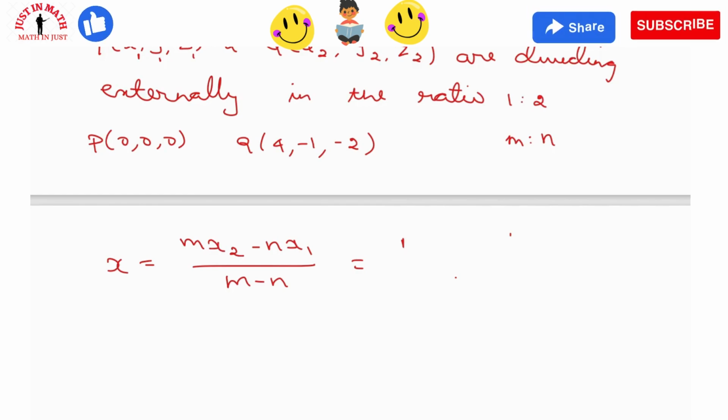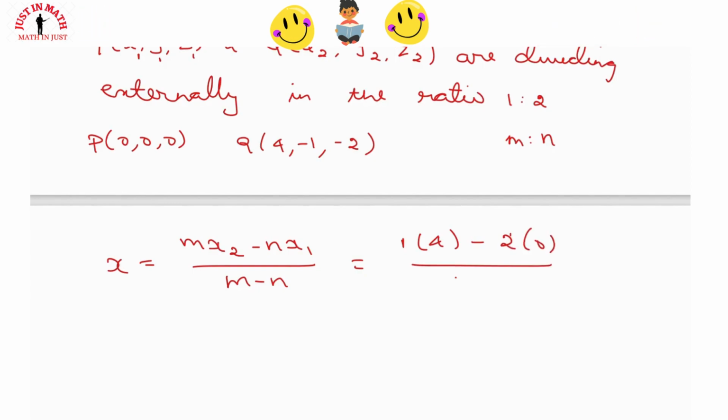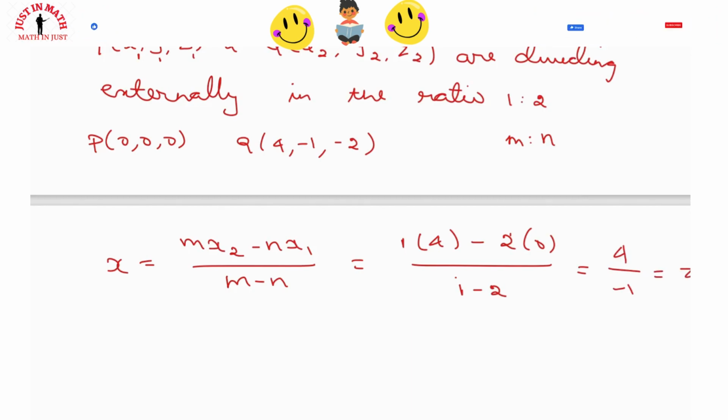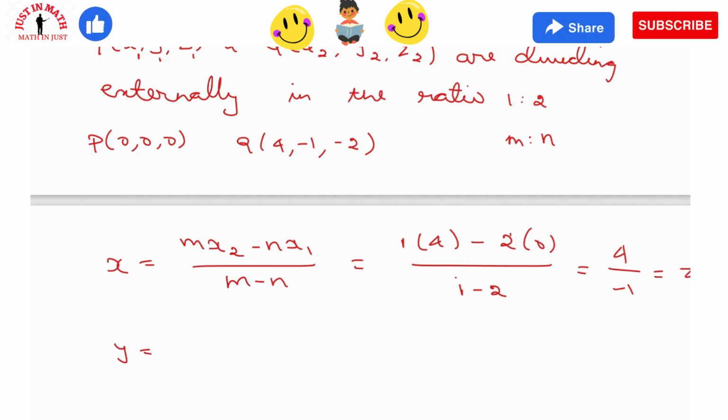And for m, let's solve this one. Here m is to n, which means m is equal to 1, n is equal to 2. 1 into x2, which is 4, minus 2 into 0, divided by m minus n, which is 1 minus 2.